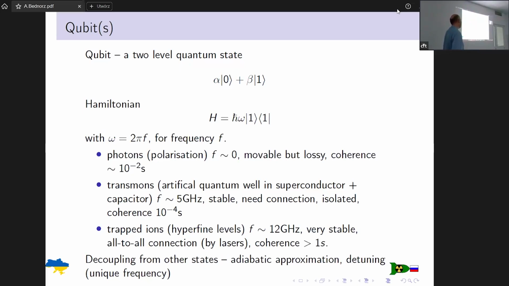You need to detune, so they have to have a unique frequency. Imagine a radio. In Poland you have Radio Zet, Radio RMF, and some others, and each one has a different frequency. So qubits are like radios, so they don't interfere.